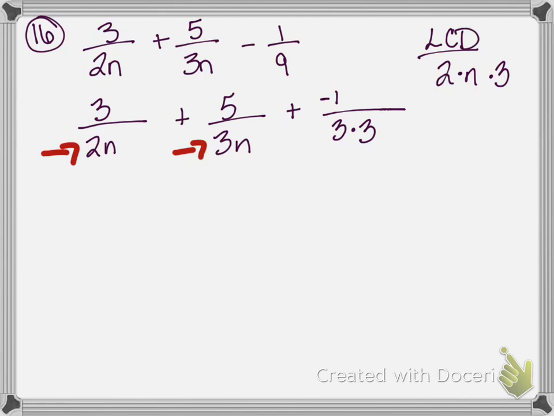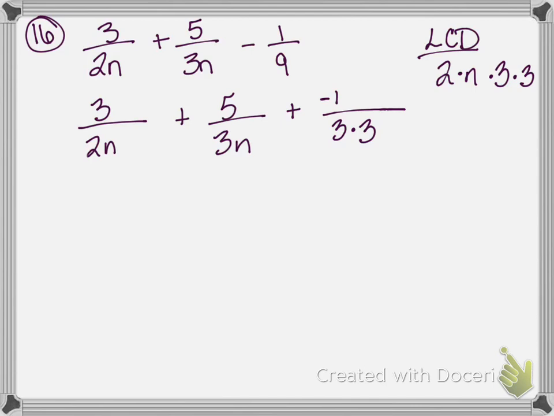Now for my last one, I have one 3, but what do I need? The other 3. Okay, so this is going to be my LCD right here. And I would leave it as 2 times n times 3 times 3. We can multiply it all out later, but I would leave it like that right now.